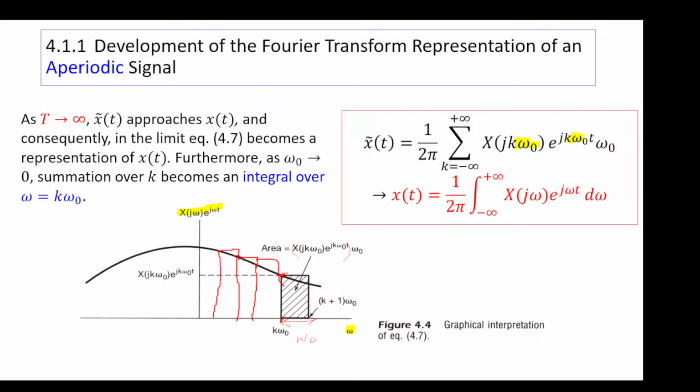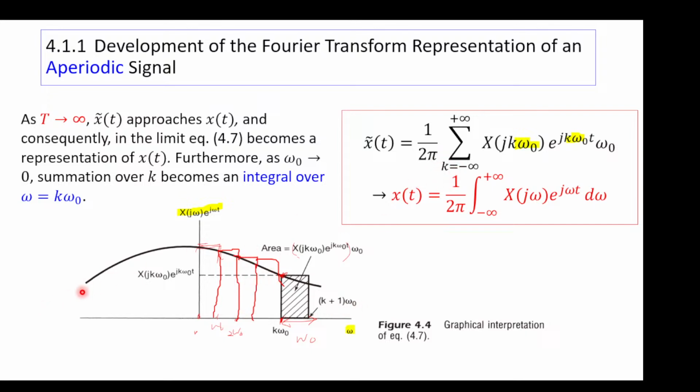The k equals 0 term will be this rectangle starting from 0 to omega naught, and then the next goes to 2 omega naught. So the k equals 0 term will be the area of this first rectangle, and the k equals 1 term will be the area of the second rectangle, and the k equals 2 term, etc.